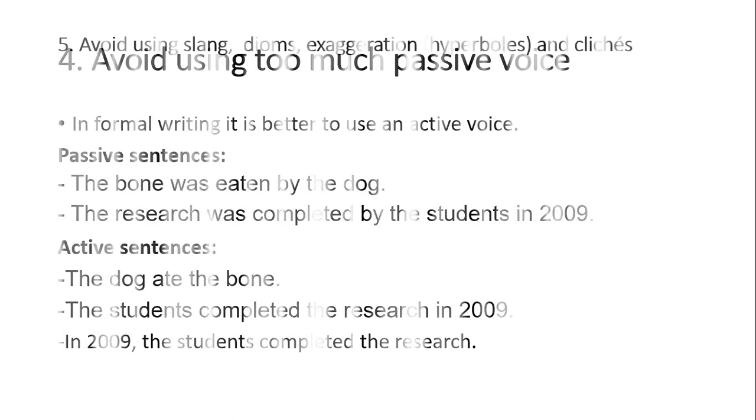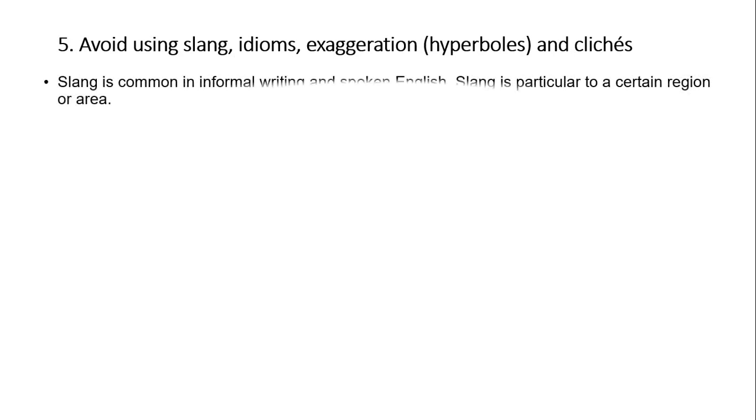Number 5, for formal writing, avoid using slang, idioms, exaggeration, hyperboles, and cliches. Slang is common in informal writing and spoken English. Slang is particular to a certain region or area.